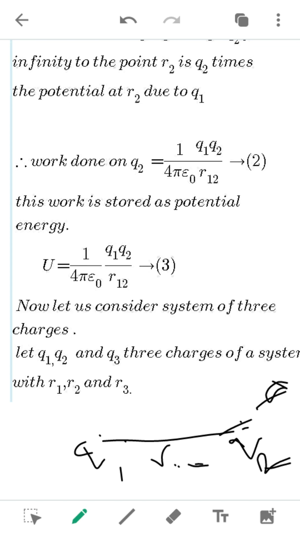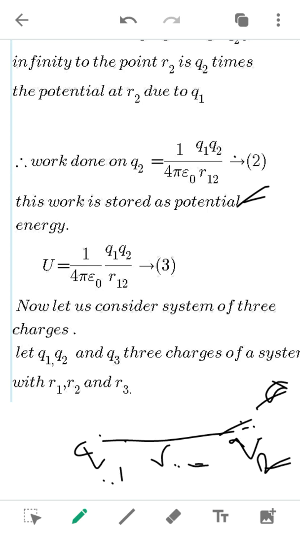Therefore the work done on q2 due to q1 is given by equation 2, that is 1 upon 4 pi epsilon naught, the product of the two charges q1 and q2, upon r12.